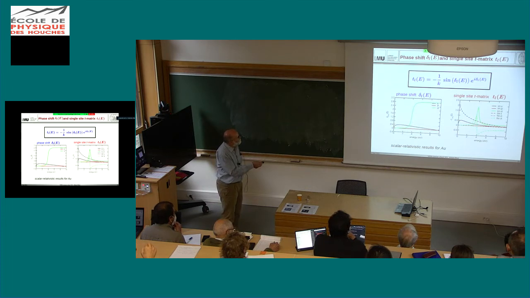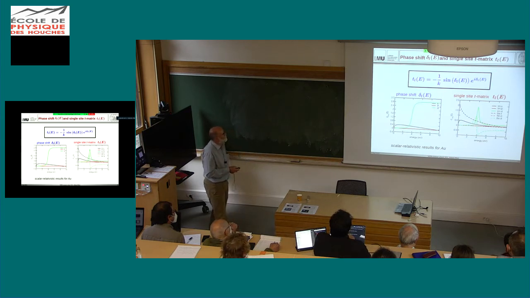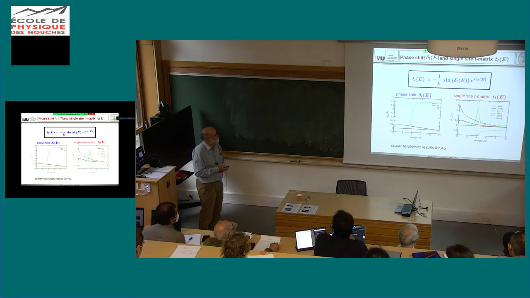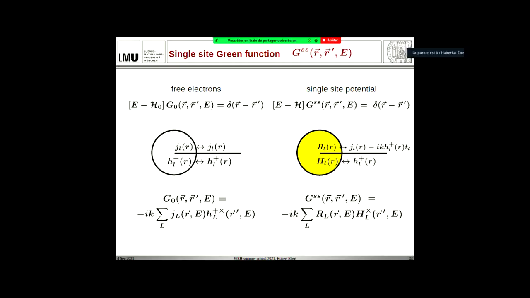You can plug in these phase shifts immediately into the expression you can derive from what you have seen before, namely that you can get the T matrix in terms of the phase shifts and that little arithmetic expression. And you can calculate the T matrix now, as you see here, in its imaginary part and its real part for the D electrons, or D channel as we often say, or L equal 2. So we have a resonance behavior in the phase shift and a corresponding Lorentzian-like behavior in the imaginary part of the T matrix.